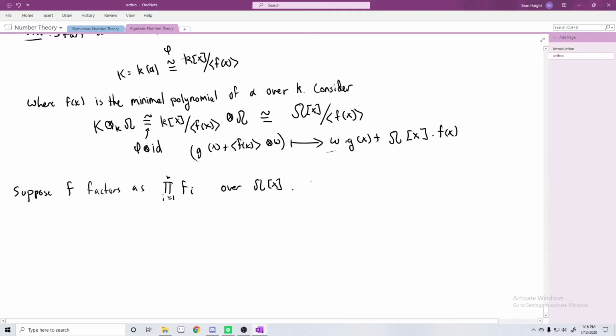So this is where the separable hypothesis comes in. Since alpha is separable over k, this means that f of x is separable, which means that none of these factors repeat.